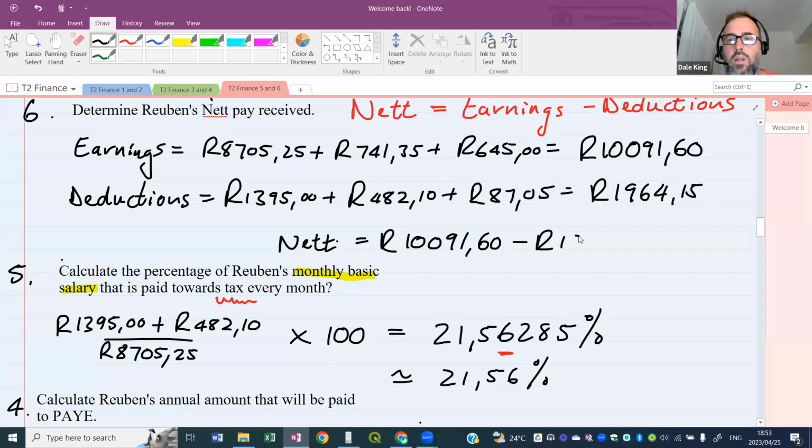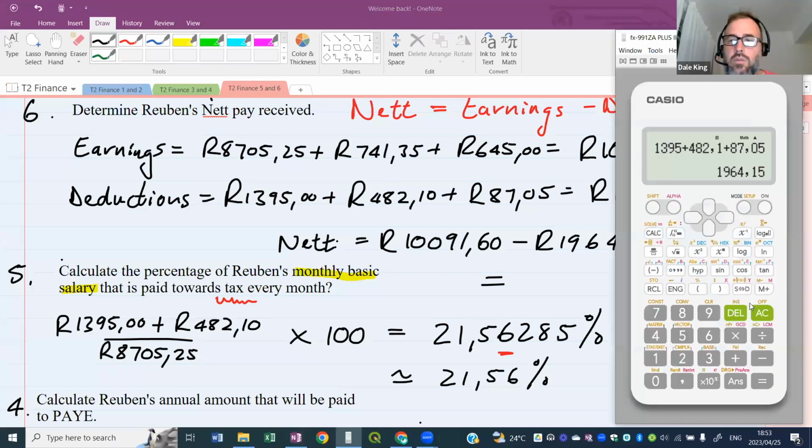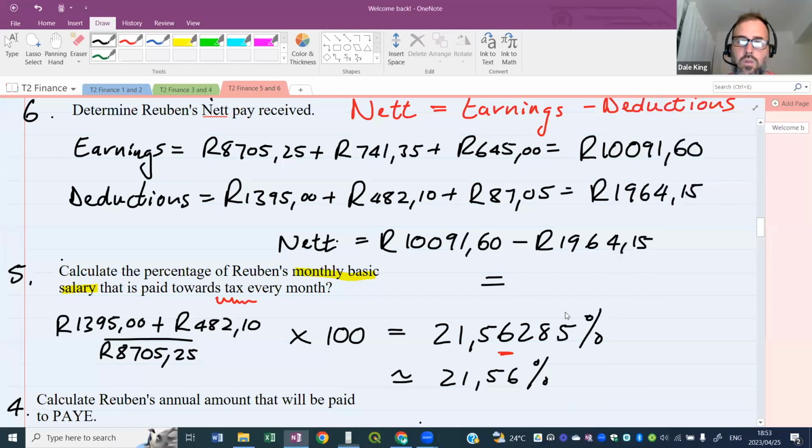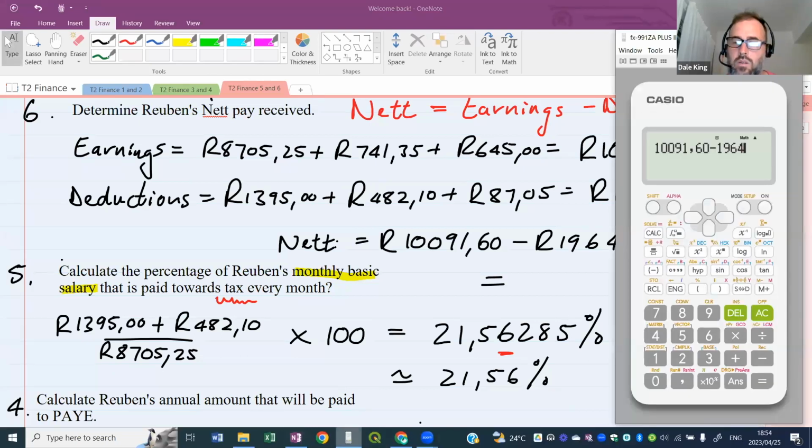Subtract the 1964 to get our final value. So 10,091 Rand 60 minus 1964 and 15 cents. All right, let's see what we get.